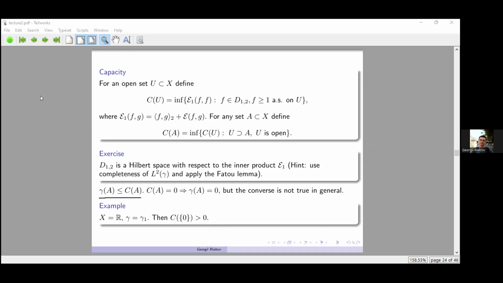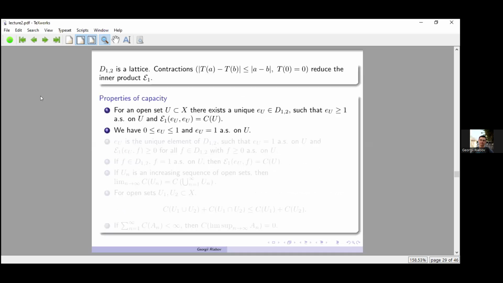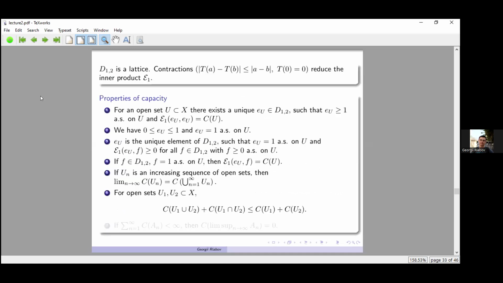Okay, and we formulated a number of properties of capacity.